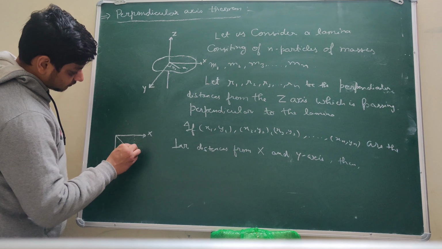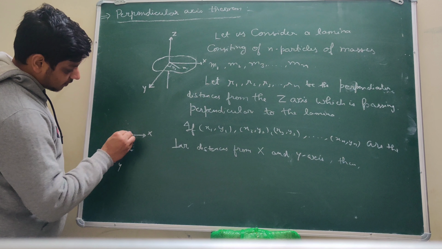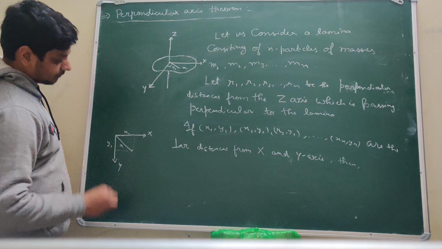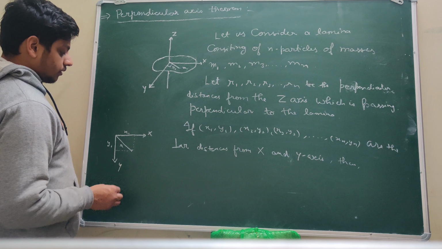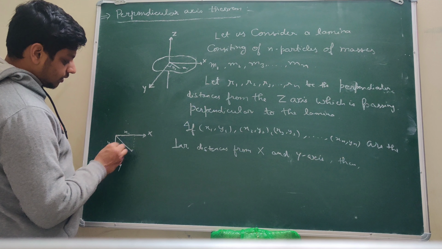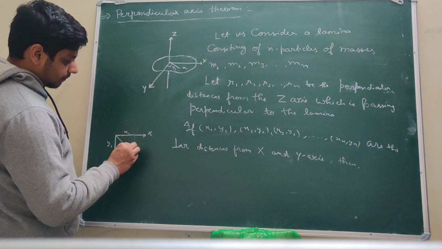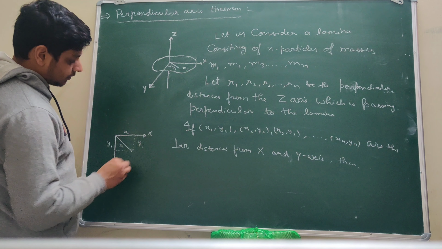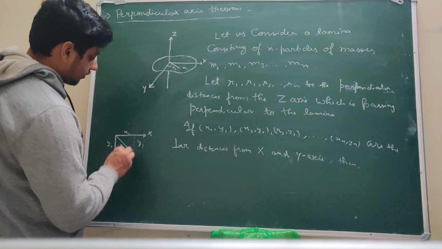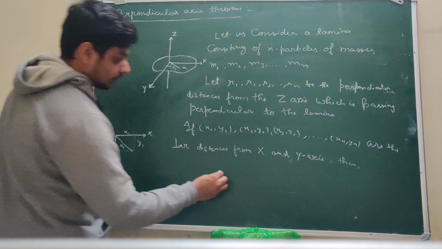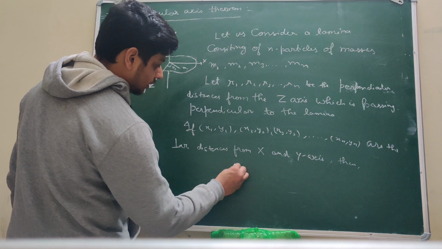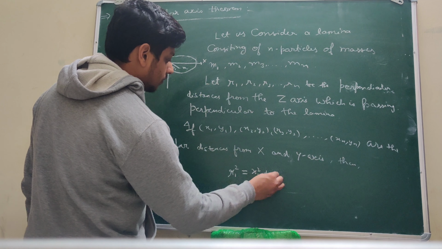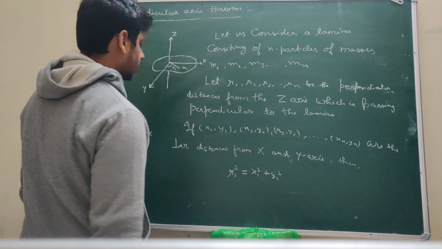So this is x1 and this is y1. So this line is parallel to this line, so it is also y1. So from Pythagoras theorem, we can say that r1 square is equal to x1 square plus y1 square.